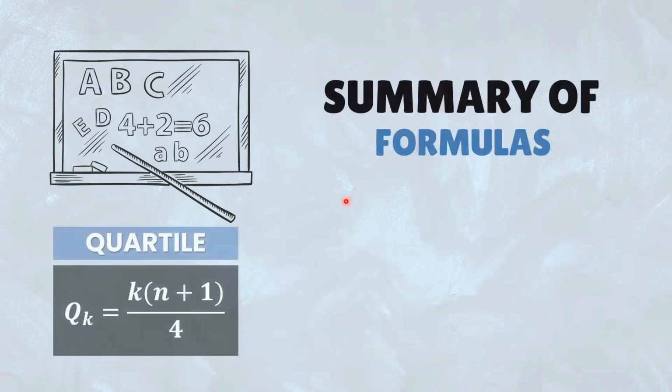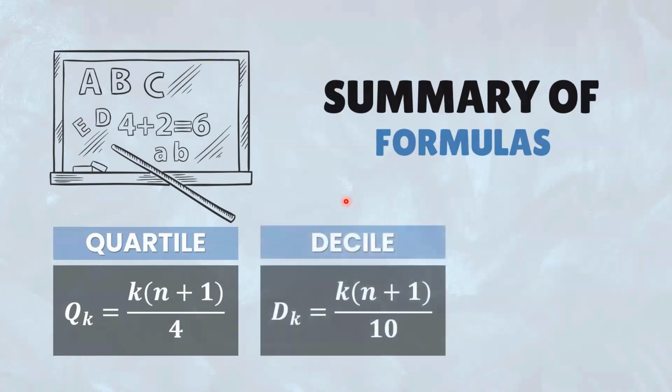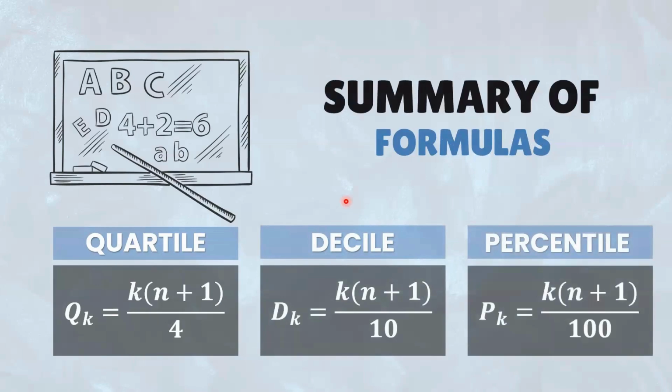So we follow steps in finding the unknown quartiles, deciles, and percentiles. First, we arrange values in ascending order, or from least to greatest. Second, we use the formula to locate the unknown quartiles, deciles, percentiles. And these are the formulas that we use in finding the unknown quartile, decile, and percentile value.